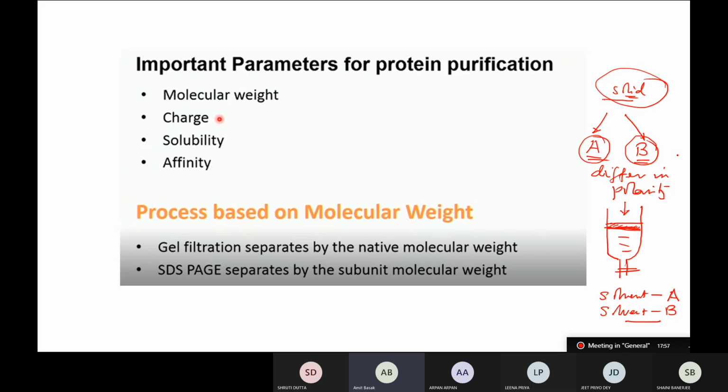Now, if the interaction of B with this solid is less, the solvent can take molecule B along with it faster than compound A. Basically, B will move faster as compared to A, because A is more tightly bound to the solid.